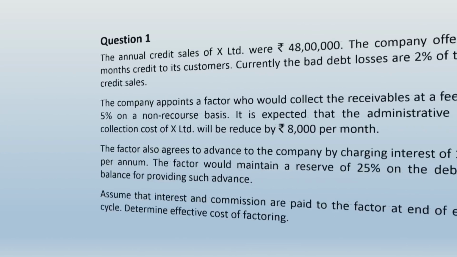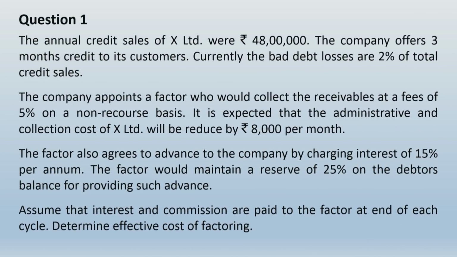Alright friends, let's get started with questions, beginning from question number 1. Let us read this. The annual credit sales of X Limited were rupees 48 lakhs. The company offers 3 months credit to its customers. Currently, the bad debt losses are 2% of total credit sales. The company appoints a factor who would collect the receivables at a fee of 5% on a non-recourse basis.